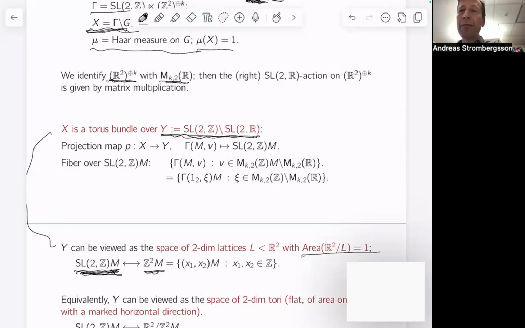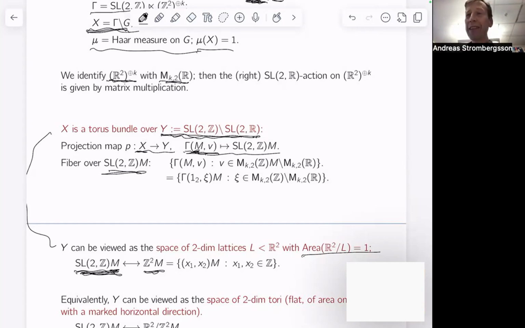And then we have a natural projection map from X to Y that takes any point in X and just looks at the first entry M. This is a well-defined projection map, and this makes X a torus bundle over Y. The torus fiber over an arbitrary point in Y is a 2K dimensional torus.